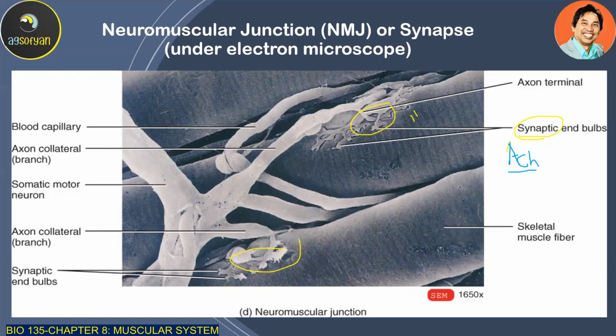That's the name of the neurotransmitter released by the motor neuron in this synaptic cleft between the neurons and the muscle. This cleft is called the neuromuscular junction, NMJ, neuromuscular junction.